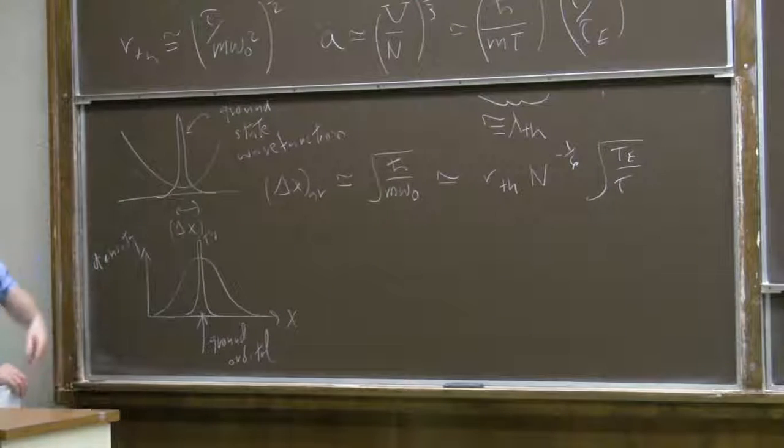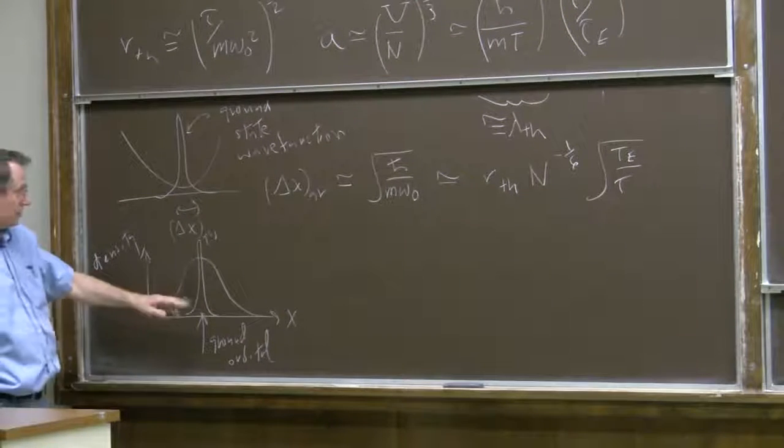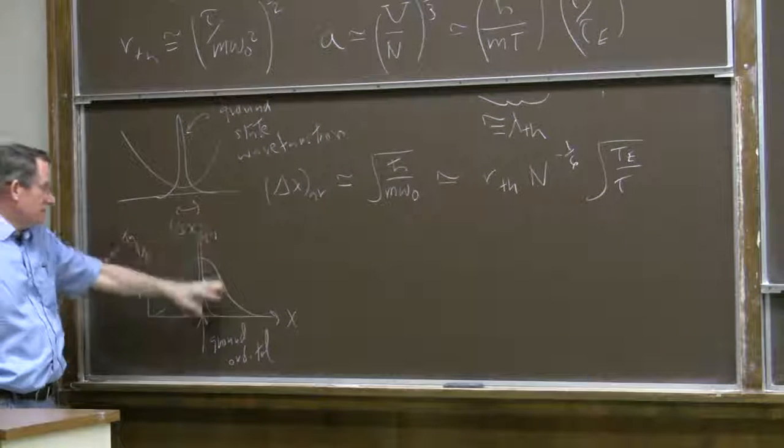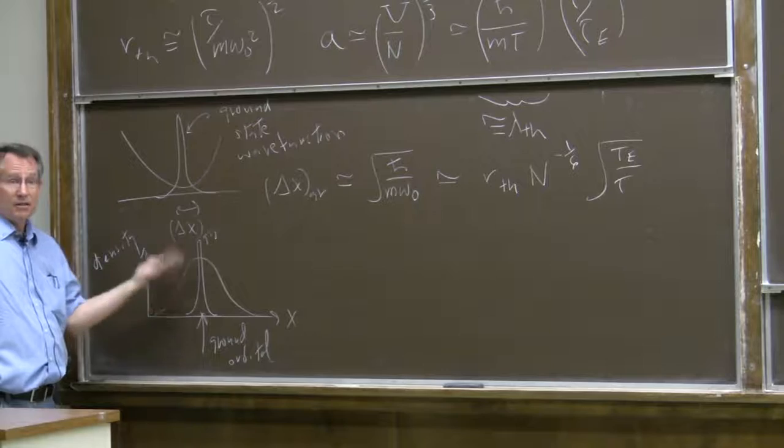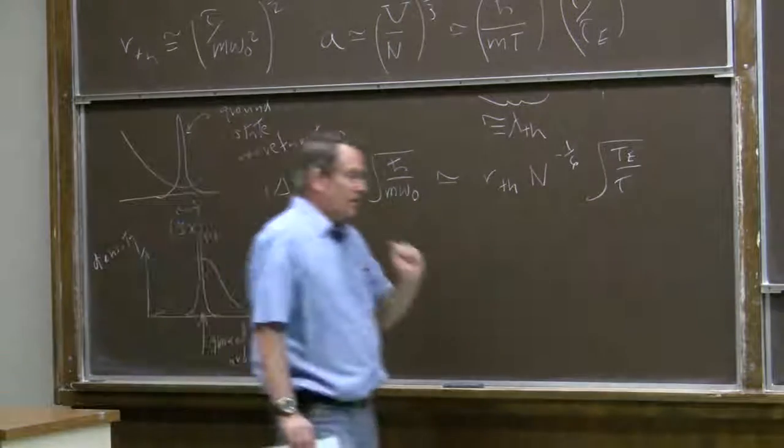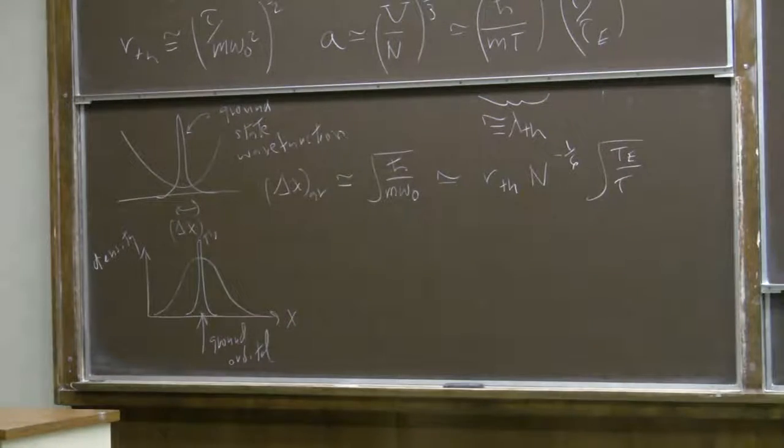And as the temperature cools through the Einstein temperature, this peak shoots up above the thermal distribution. And by imaging the gas, by taking a flash picture of it with a laser, for example, one can see that peak and verify that the condensate has formed.